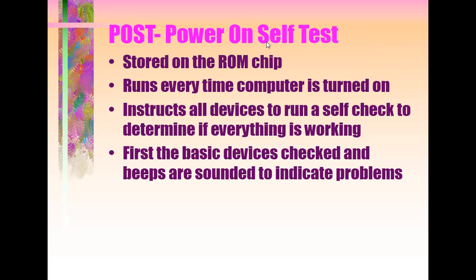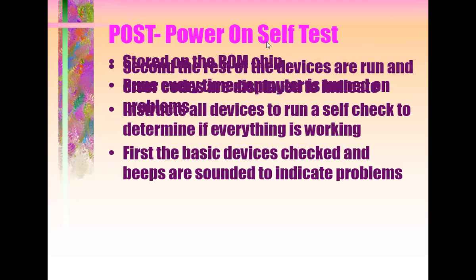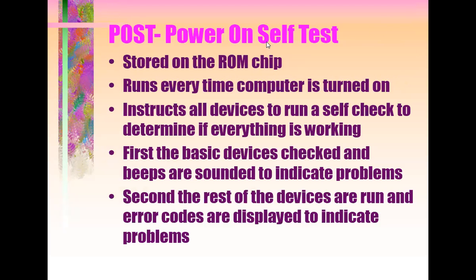So it first checks the basic devices. When we talk about basic devices, we are looking at the CPU and its associated cards, and we also look at the keyboard. Realize that when you switch on your machine, the keyboard will give you some indicators showing that it is working properly. That is the self-test we are talking about. Then the rest of the devices are run and error codes are displayed to indicate if there are any problems.